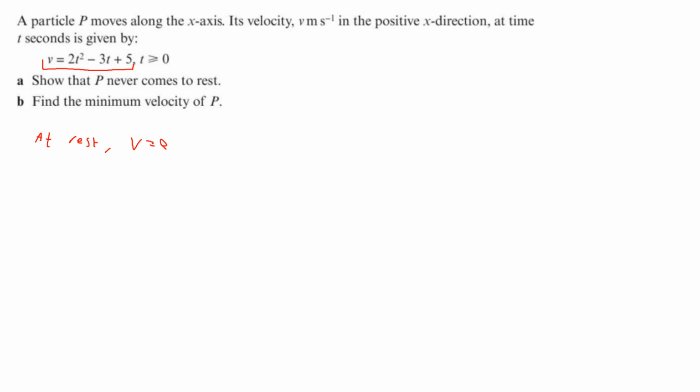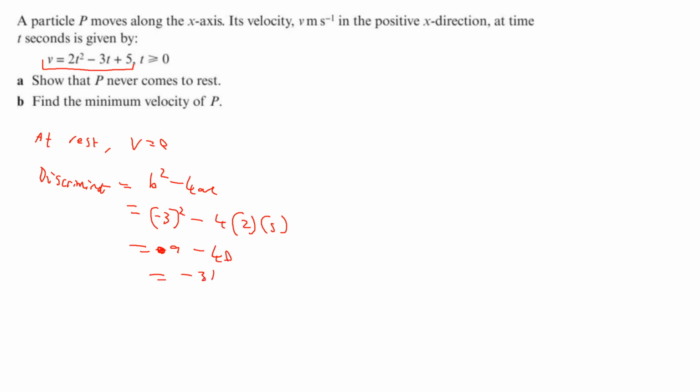So what we need to do is look at the discriminant, which is equal to b squared minus 4ac. B squared minus 4ac is minus 3 squared minus 4 times 2 times 5, which is 9 minus 4 times 2 is 8, 8 times 5 is 40, 9 minus 40 is minus 31.